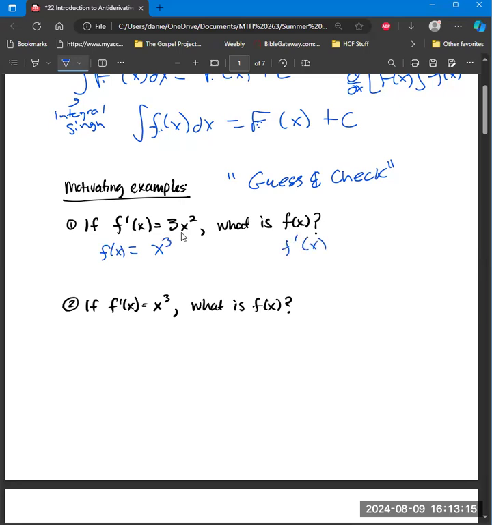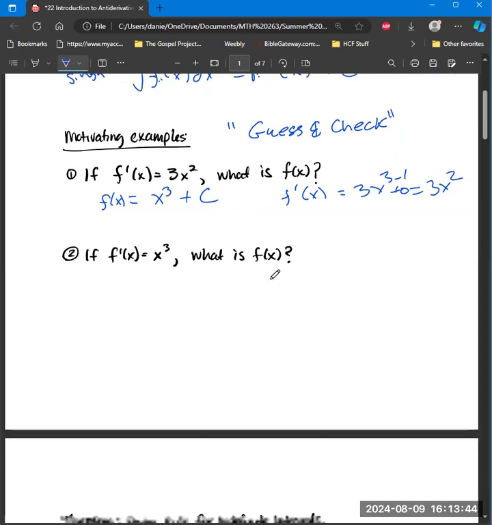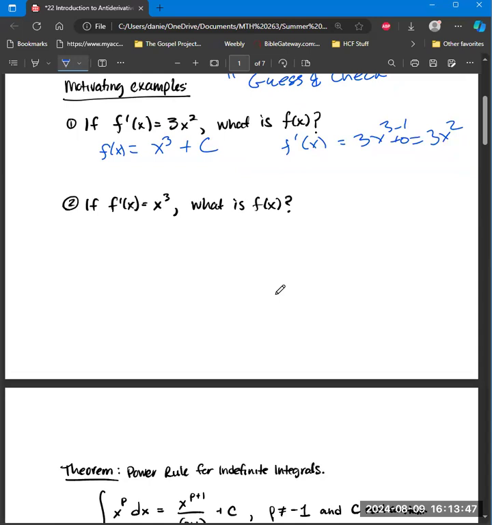F prime of x is equal to 3x to the 3 minus 1, which is 3x squared. Now, actually, our answer here is that we need to put a plus c, because if I added any constant to this, then when I differentiated, it would be a plus 0 on the end. So to get all the possible answers, we need to add a constant of integration on the end. That's going to be a capital C usually.